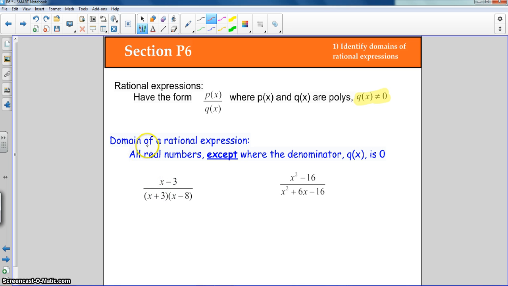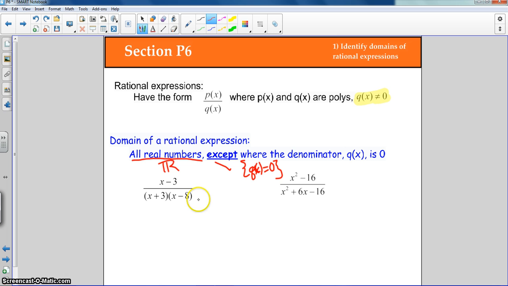Okay, so domain of a rational expression is always all real numbers, and we can use the symbol double bar R if we want, except, you can use a slash to use except, and then you could actually say the set, and so the curly braces denote a set of numbers, and so wherever q of x is equal to 0.